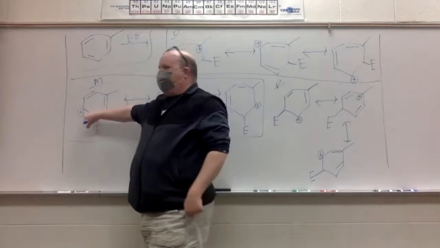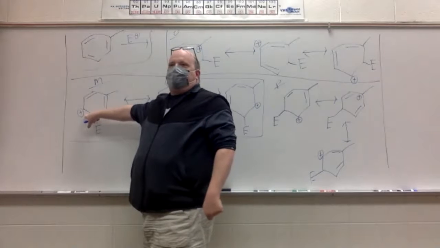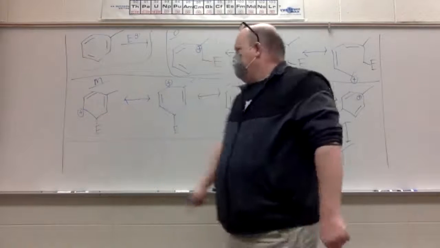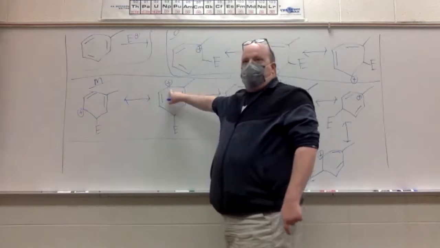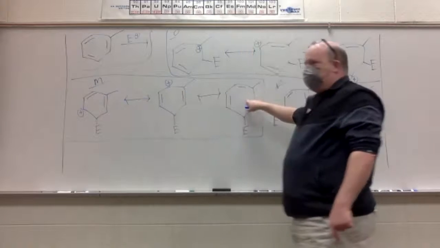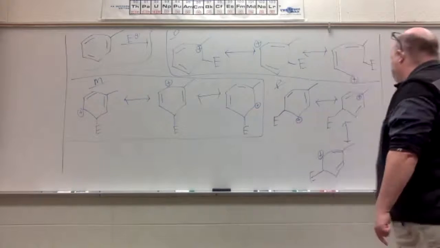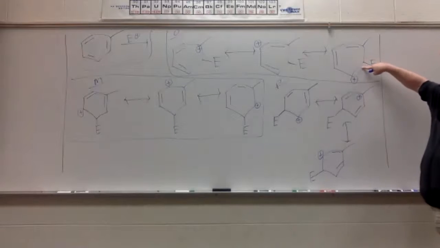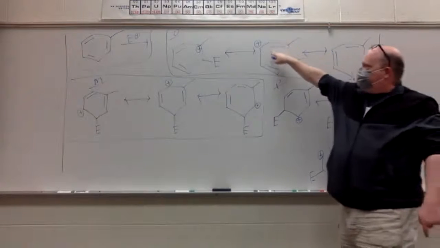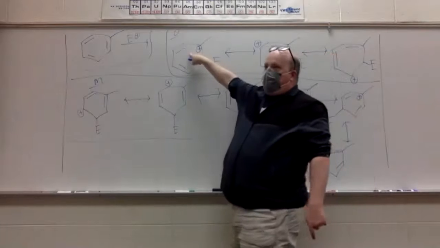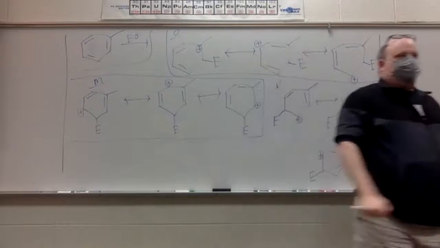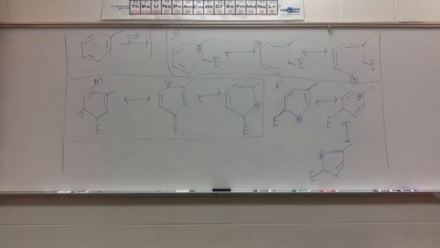What type of carbocation is this? The secondary allylic specifically, right? What type is this one? Secondary allylic. What type is this one? Yeah, tertiary allylic is better than secondary allylic, right?